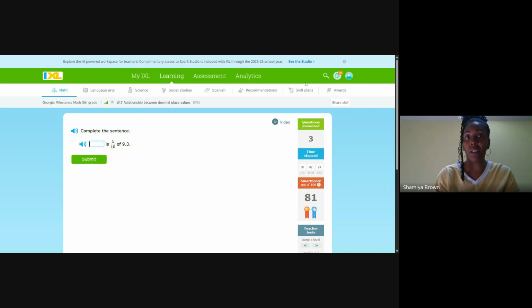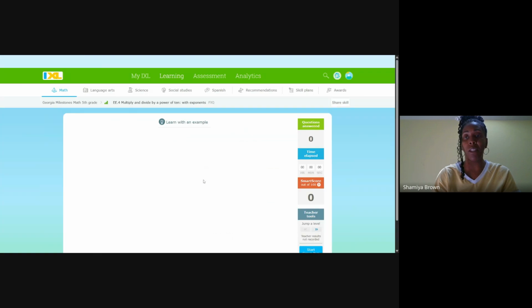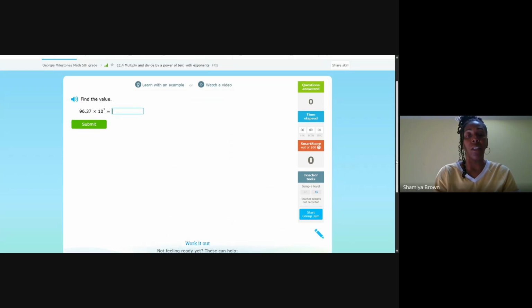So let me go ahead and go to the next skill, which is multiply and divide by a power of 10. Finding the value. So it's similar to the other one. They're giving me a number and they're telling me to multiply that by a power of 10. And this number, it is, hold on 1 second.